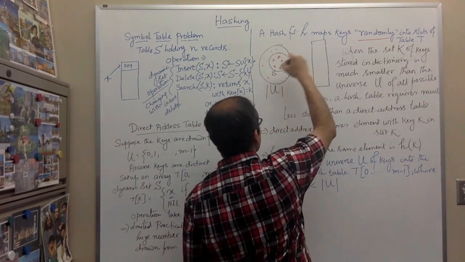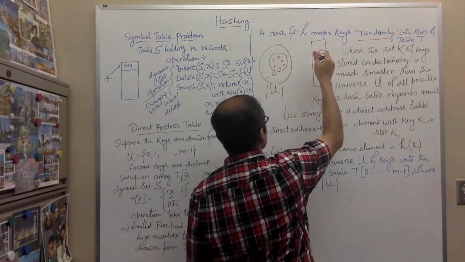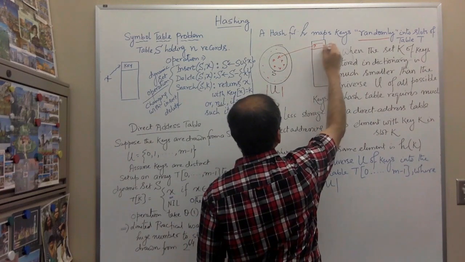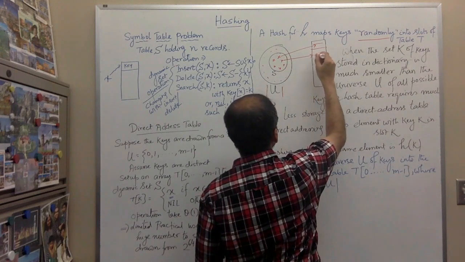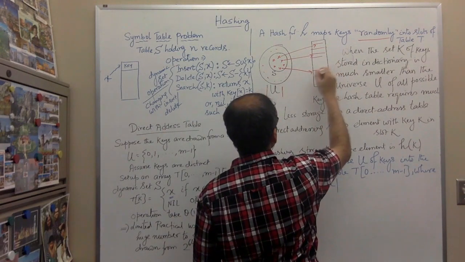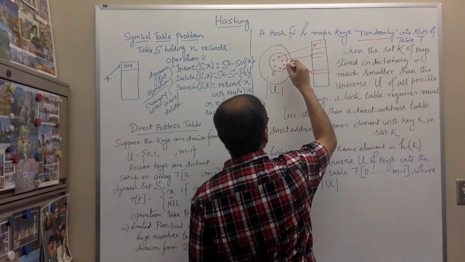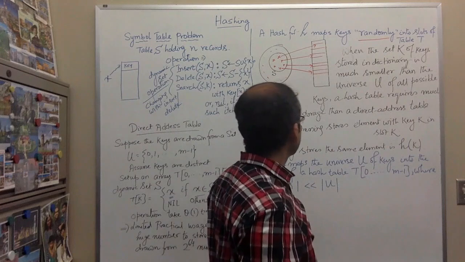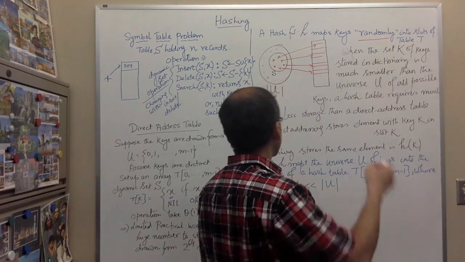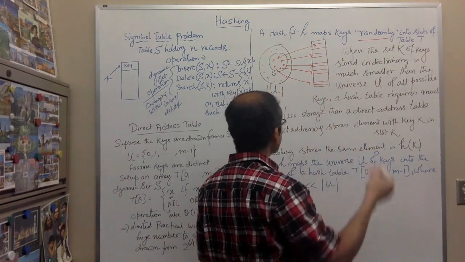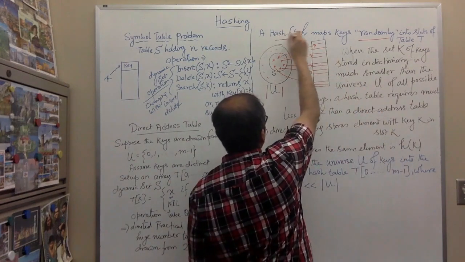But here there are only the elements which actually need to be stored. So I can store this one in this slot, this one in this slot, and this one in this slot. In that way, they can go to different slots. It's not necessary for them to be consecutive or anything. They can go to any slot, and the slot is determined using this hash function.